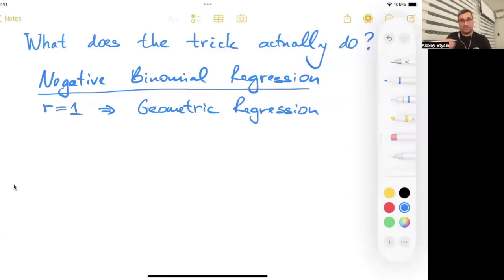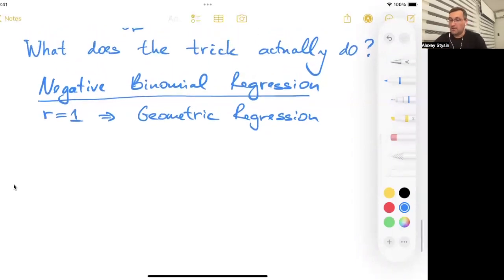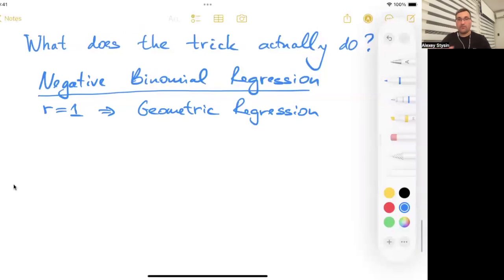Okay, so let's try to see it. The way we are going to see it is that we first start from the basic formulas for negative binomial regression.